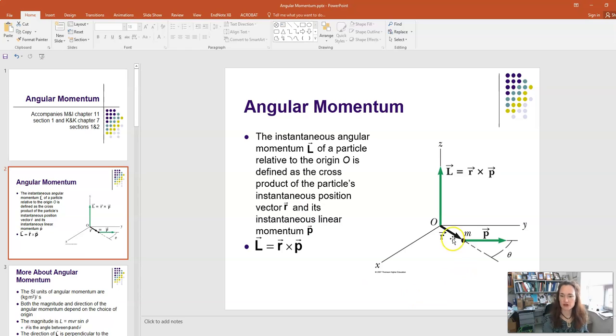So you can see here that we've got the position vector r, pointing from the origin to the point in question. And then that object is moving with a momentum p. And then you have the angular momentum, indicated by the green arrow, which is the vector cross product of r and p.